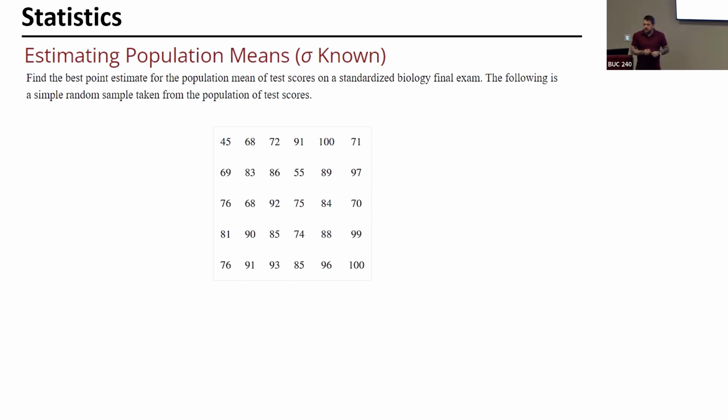So yes, use your list function. Is it possible this could be an assessment question or final answer? No, too easy. So the X bar for this one is going to be 81.6. Simple enough, right?